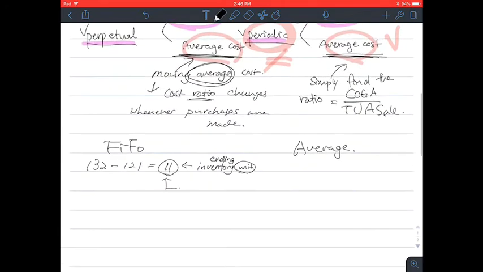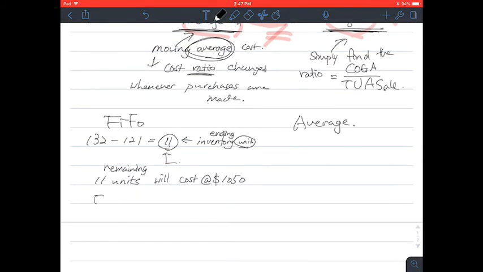So the remaining 11 units will cost $1,050 each. So the ending inventory amount should be 11 times $1,050, which is $11,550. Okay.